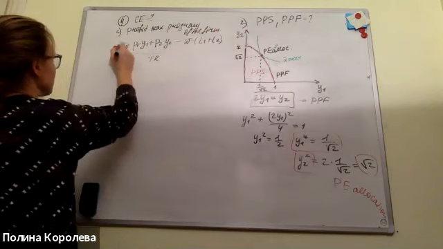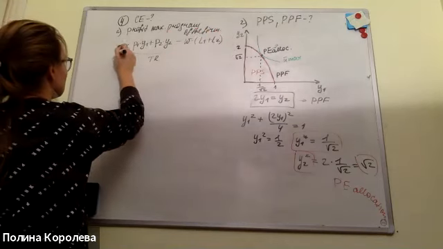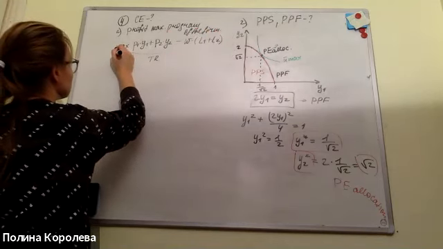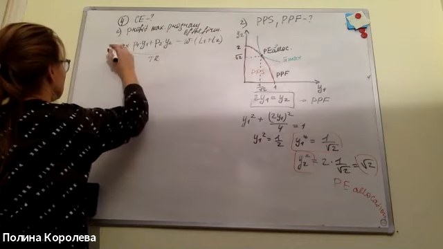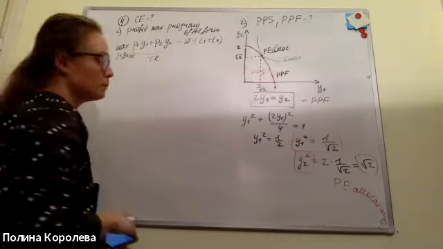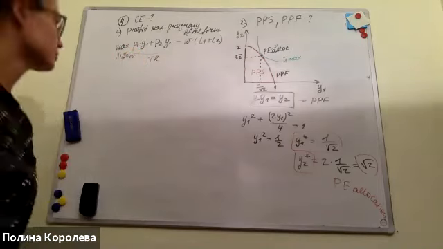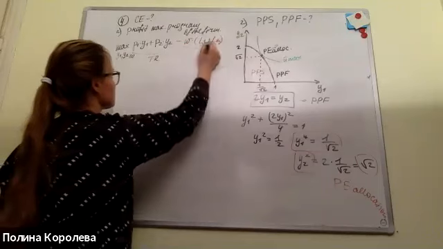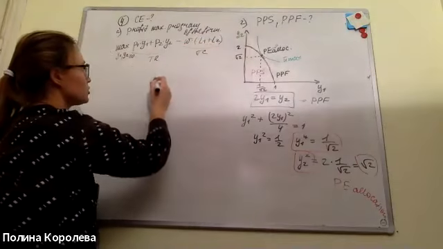And this we should maximize by choosing y1, y2. But we have a constraint.